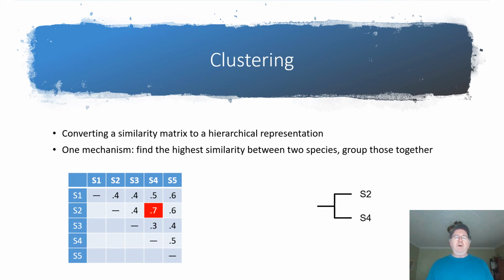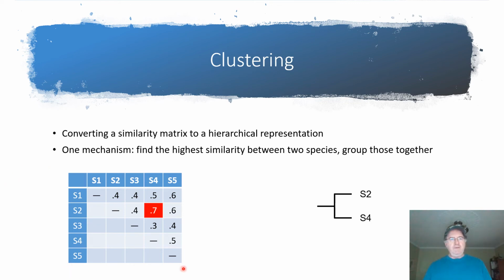So we want to apply a clustering algorithm in order to do this. And again, I'm going to give you probably one of the most basic clustering algorithms and talk a little bit later on about other options for these agglomerative techniques, a way to pull these things together.